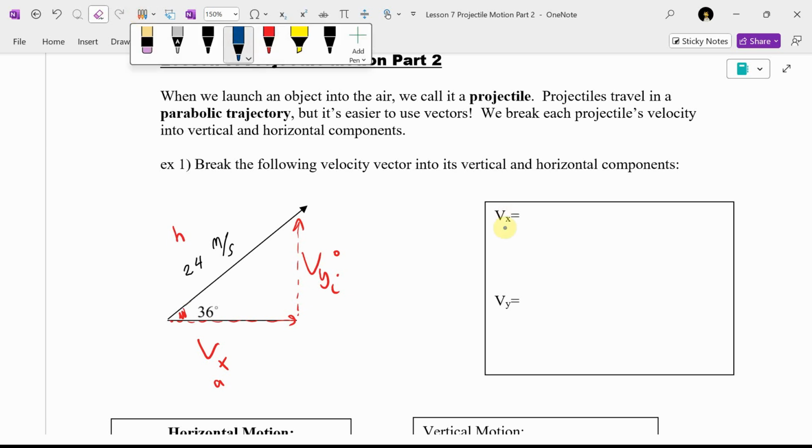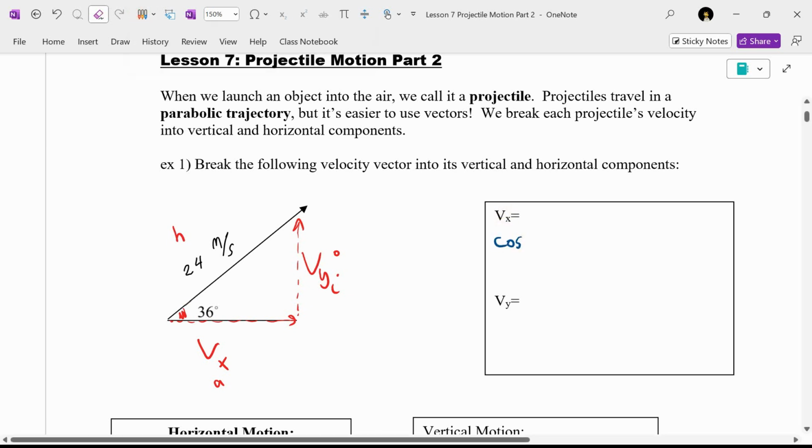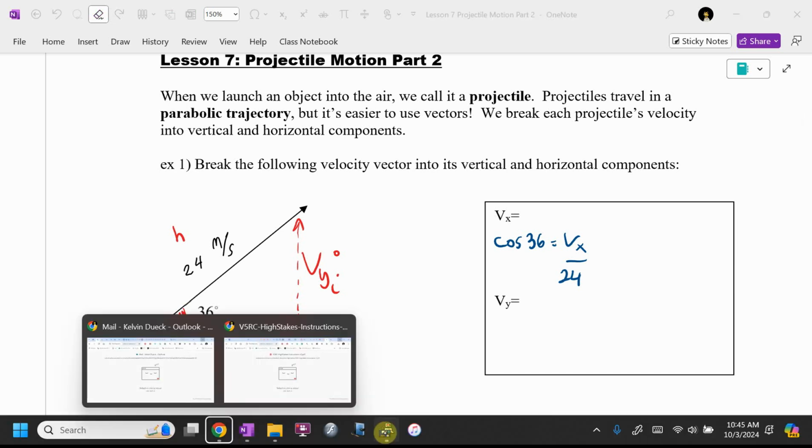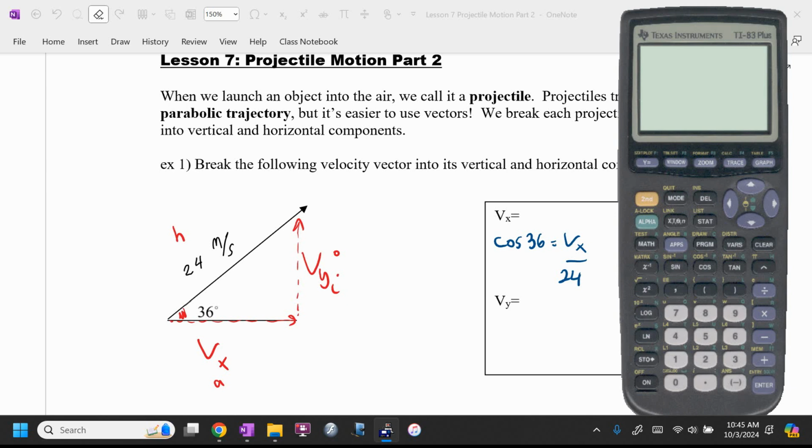In fact, it's going to be cosine of 36 equals Vx over 24. How would I get the Vx by itself? Yeah. And I'll get 19. I'm going to carry some extra sig figs: 19.416.